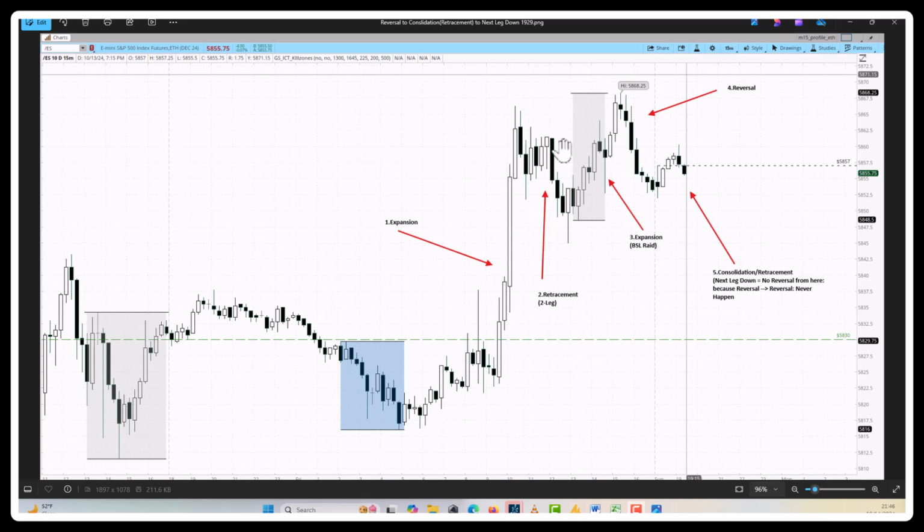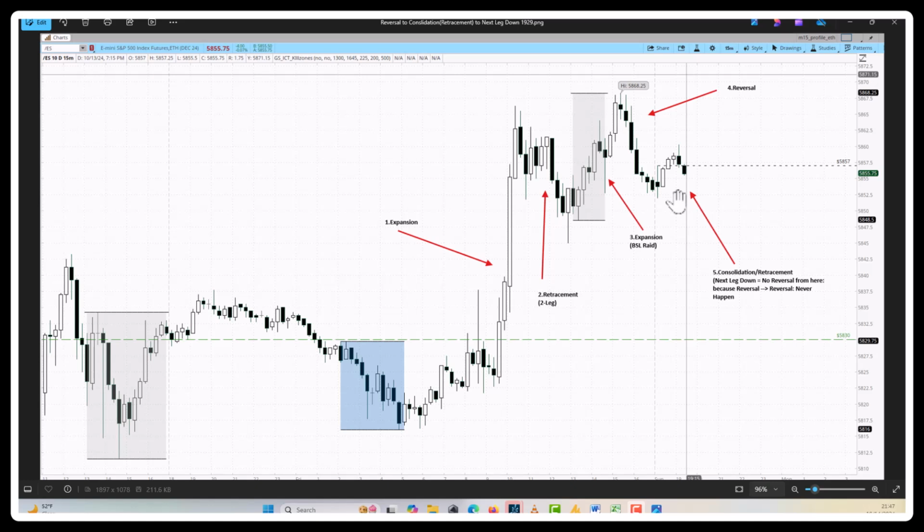And then you have expansion, which is a buy side period right there, and then you have a reversal. So right here we anticipate that it's going to make a second leg down. It will not reverse from here because it just came out from a reversal. It will not reverse right away.